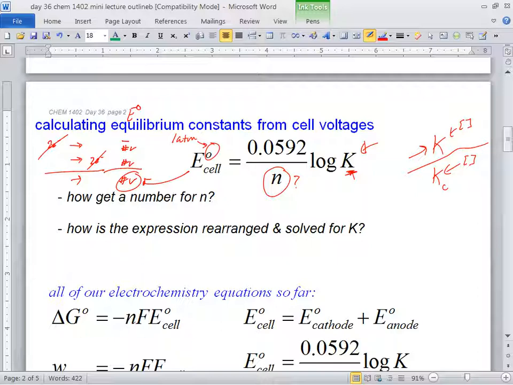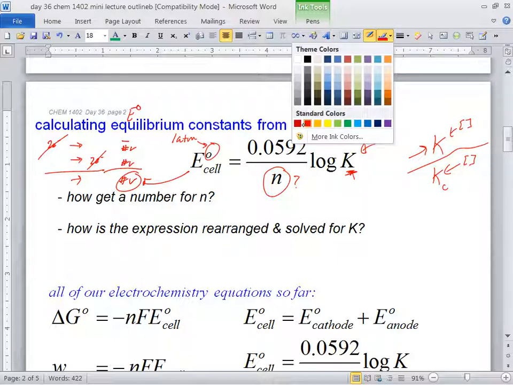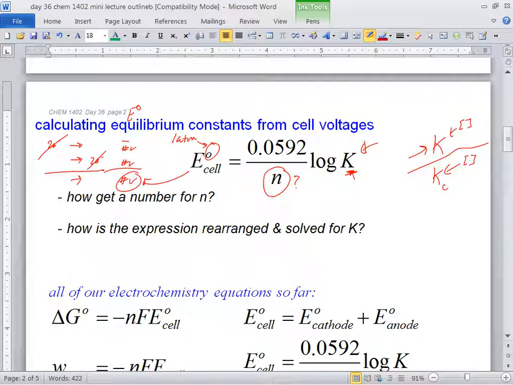But how do you rearrange this equation and get K? What would you do first? Divide the 0.0592 by N. Okay. What'd you do with the N? Use it to divide. Well, it's on the bottom, though.